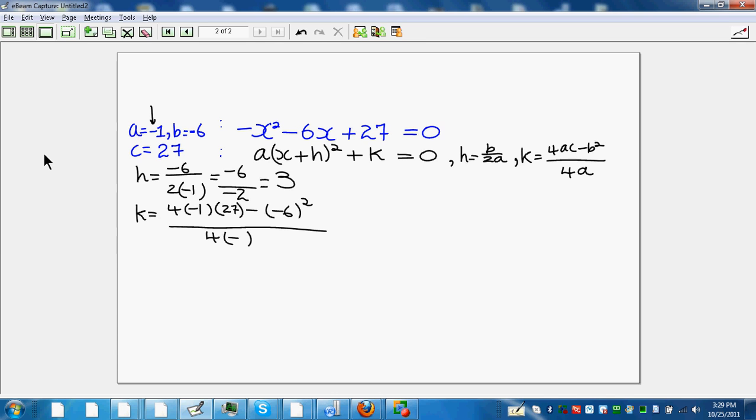A is minus 1, so we just substitute using the brackets. K works out to be 4 by minus 1 is minus 4. Minus 4 by 27 is minus 108.